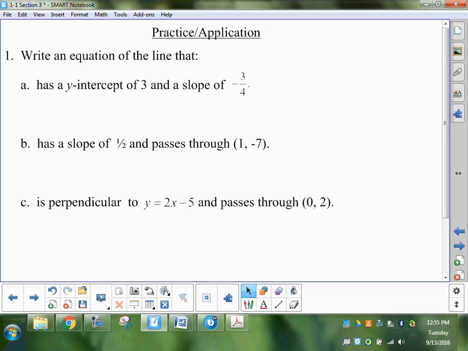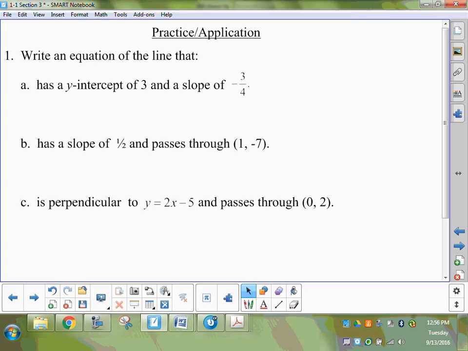Go through, please, and get done question 1 right now. If you need to go back and look, go ahead and look.